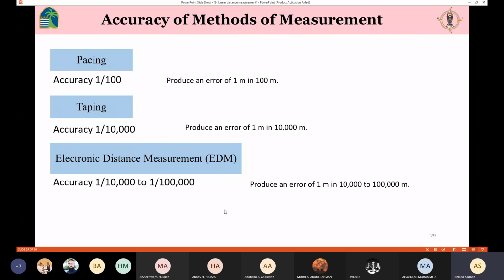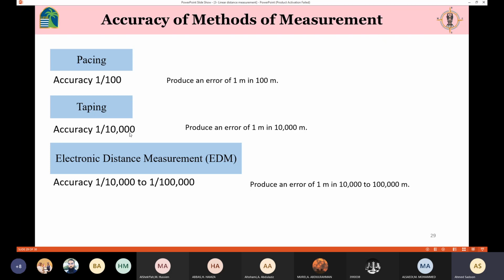So the most accurate method is electronic distance measurement. The method with the worst accuracy is pacing, as expected, and taping is reasonable.